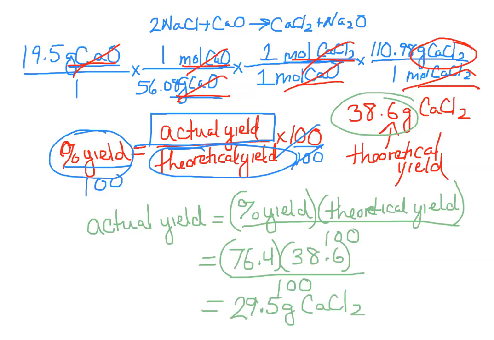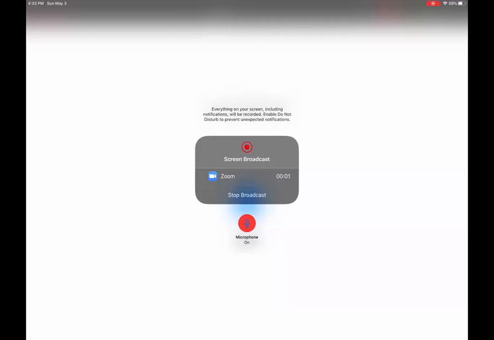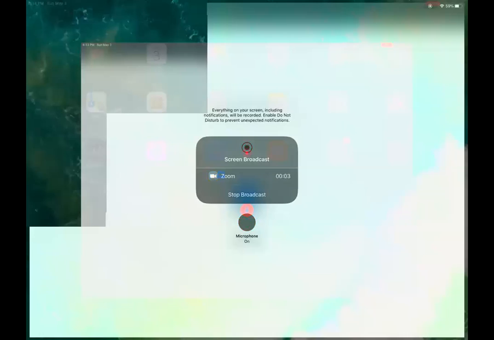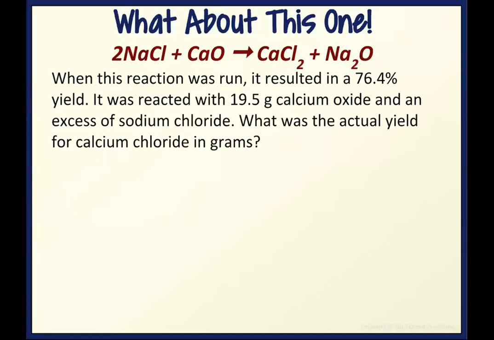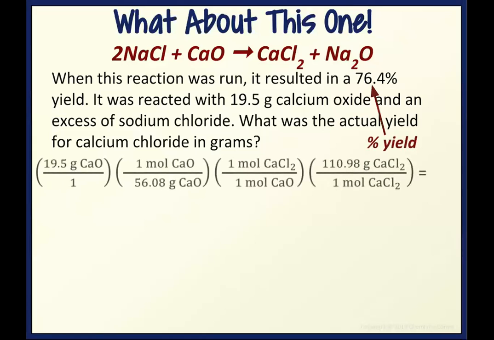So when this experiment was done, this is how much calcium chloride they ended up with, even though theoretically they should have ended up with 38.6. So let's go back and look at the slides and see if we did it right. All right, there's percent yield.